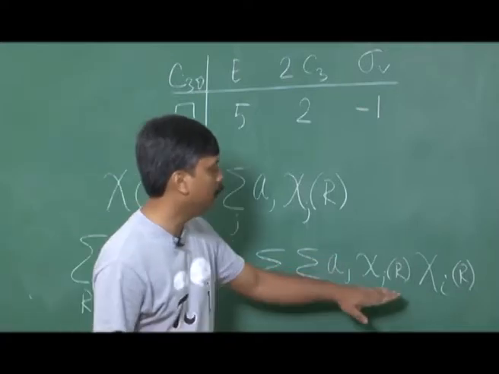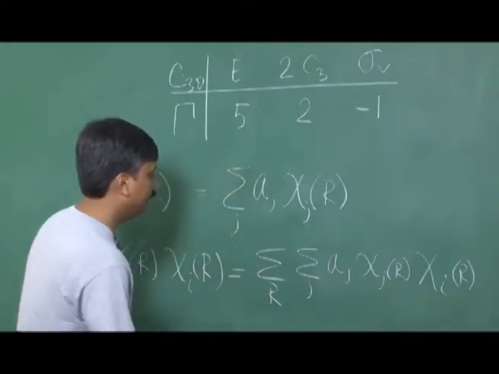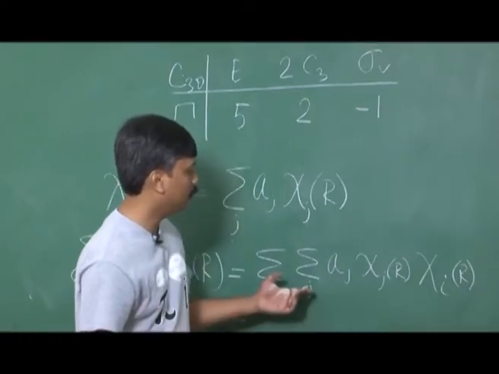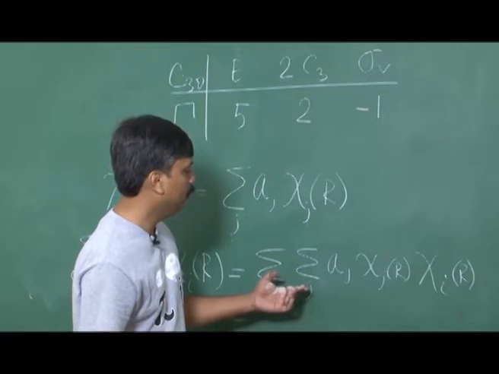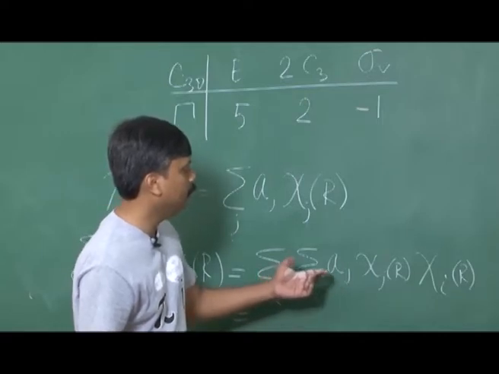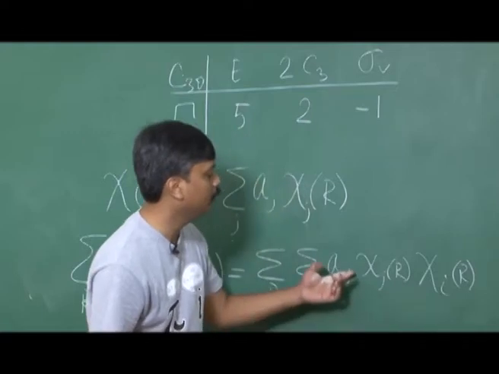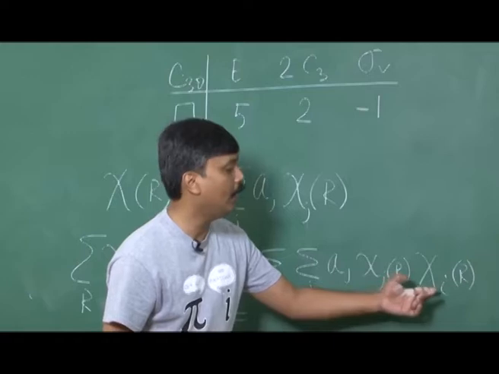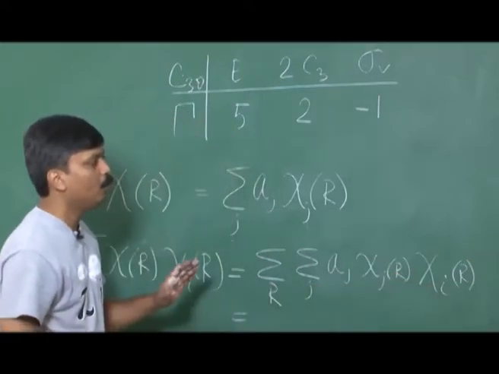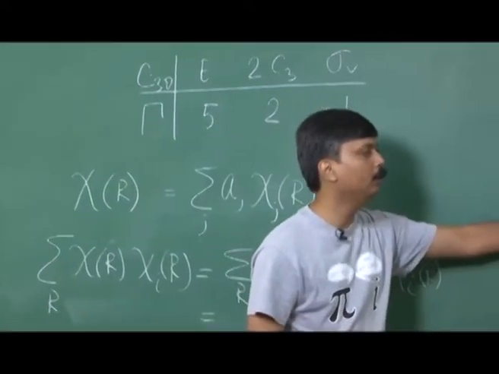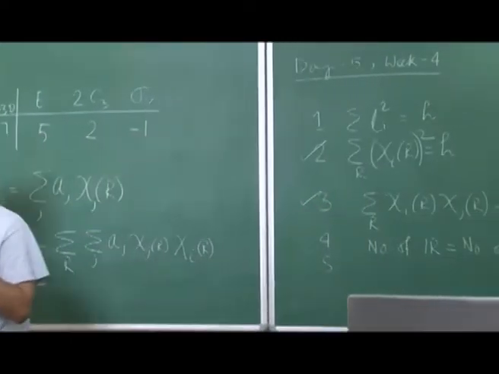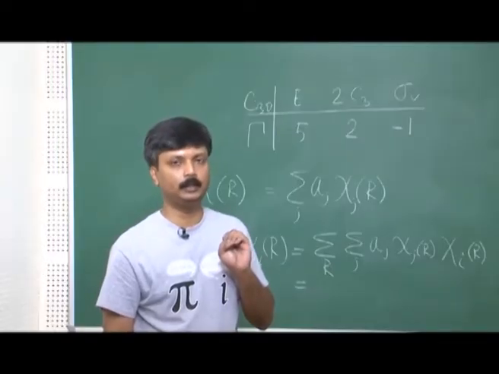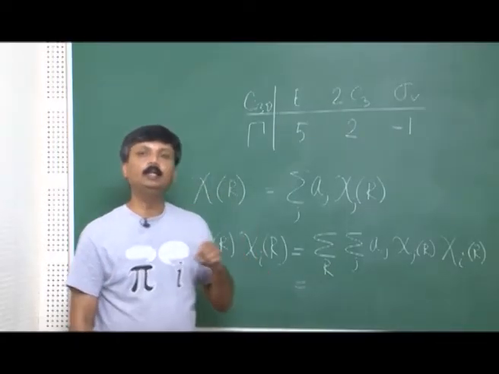So now, what we can see here, suppose I rewrite this one. If I look at this particular part, which is the multiplication of chi j and chi i, now from relation 3, what we know is that if they are different irreducible representations, then they will yield 0.